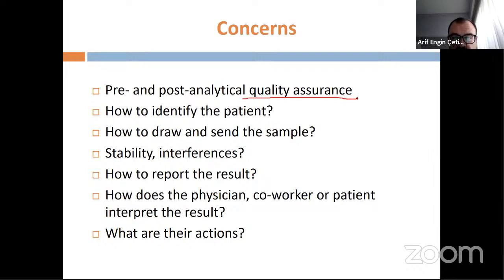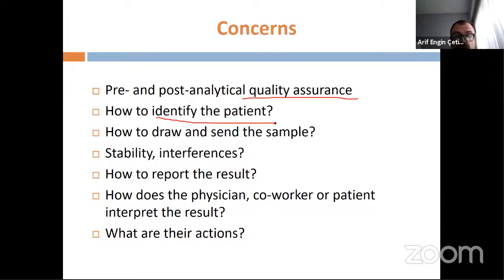Again, quality and precision problems. The identification of the patient: as I told you, the test should be used appropriately. For example, there was a debate in our country about when we should perform the test for COVID-19. Should we perform the test for everyone?